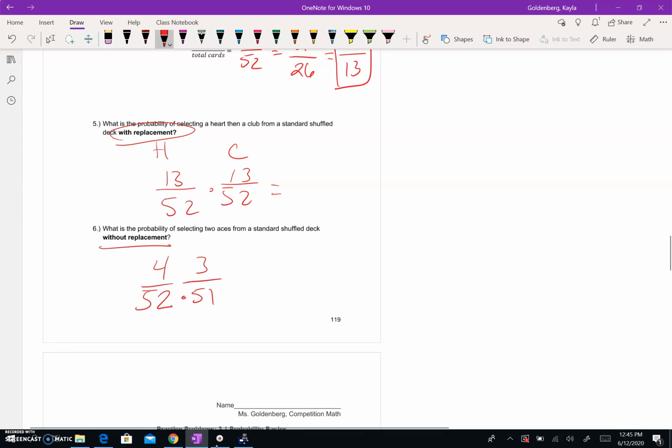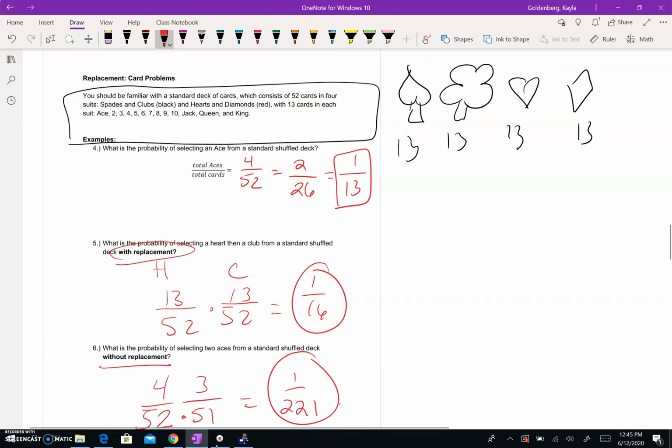I'm just going to calculate it on my calculator real quick. First one simplifies to a 16th. Second one simplifies to 1 over 221.